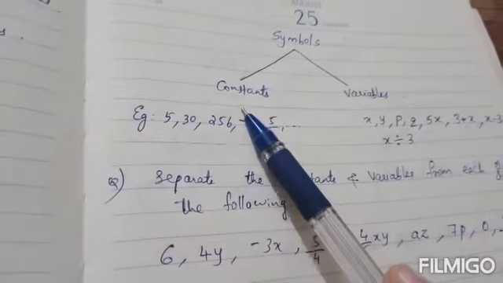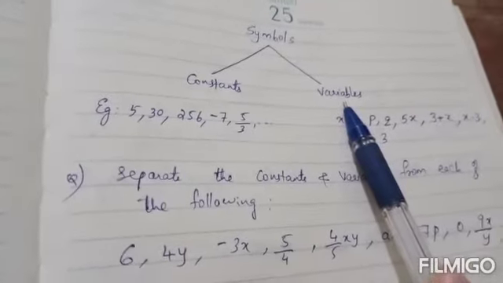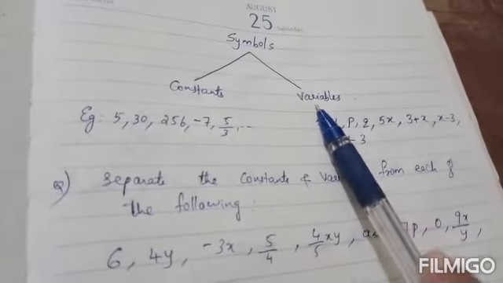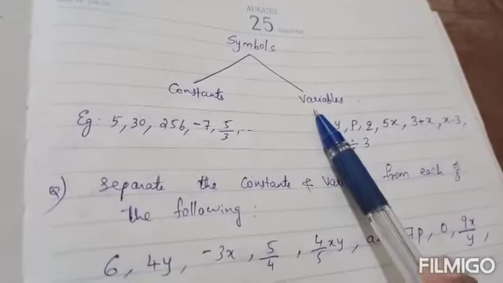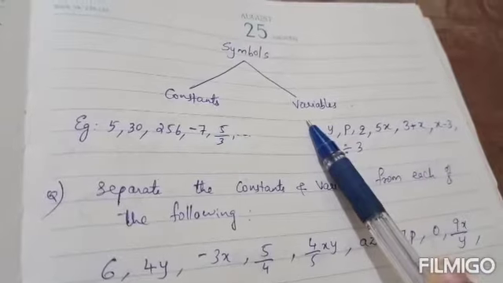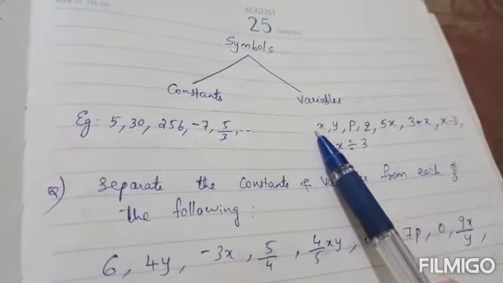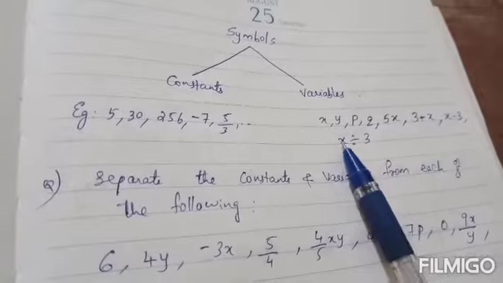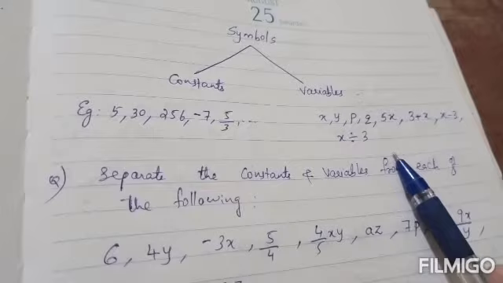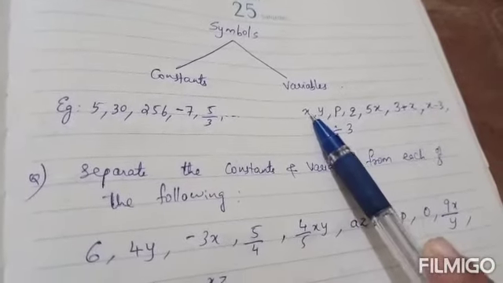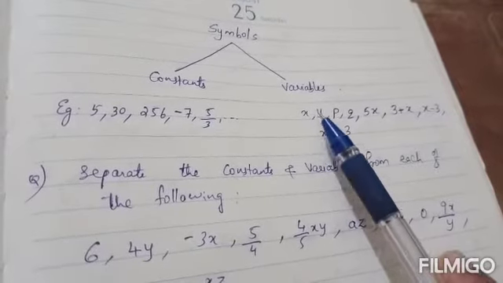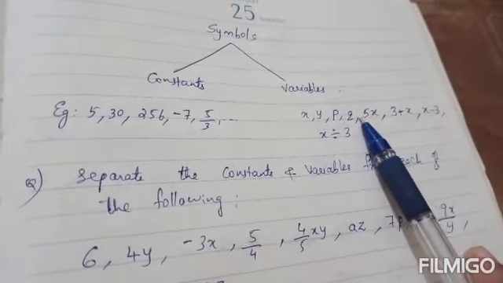Their value will not change with situations. That is called constants. Now variables means they do not have a fixed numerical value. They vary, and their values will change according to the situations. They can take any values. Variables means x, y. Examples: x, y, p, q, 5x.